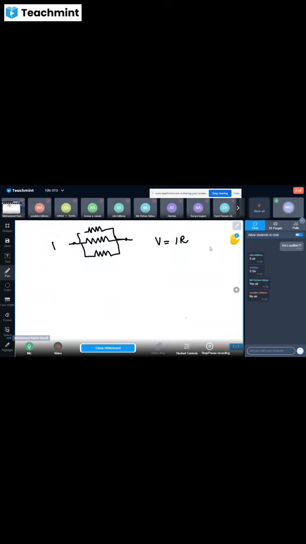So this I is getting divided into I1, I2, and I3. Okay, so the total current which is flowing through this circuit is the summation, adding I1 plus I2 plus I3. All right, that makes sense.